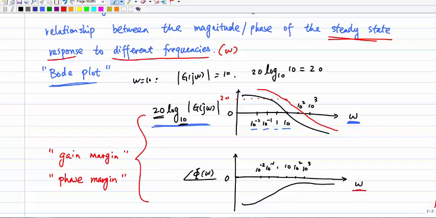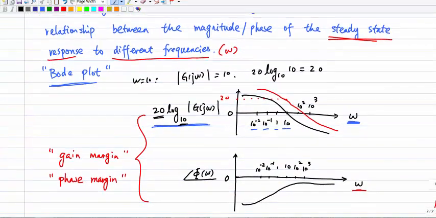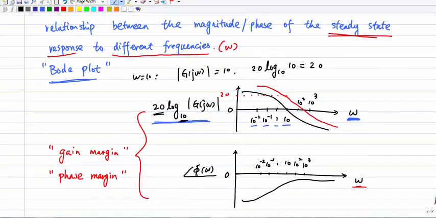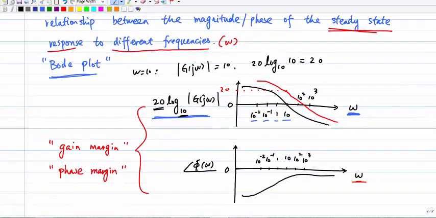Okay, so the reason the frequency response is very important is that by looking at the Bode plot, the plot of the magnitude and phase with respect to different omega, we can figure out the gain margin and phase margin, which are very important in control design.